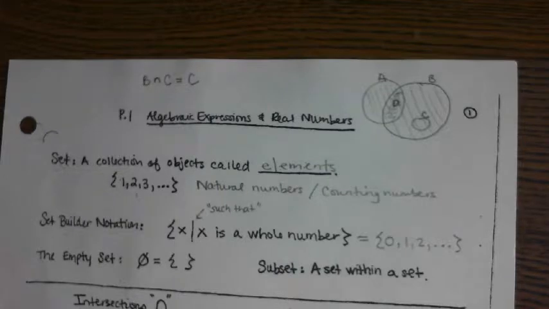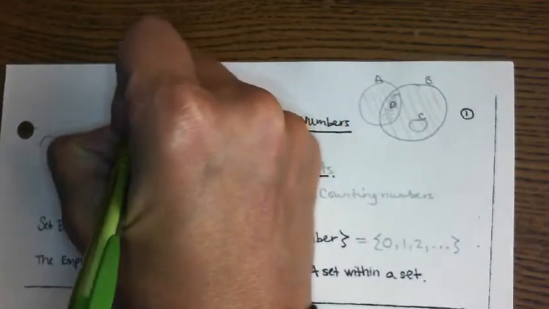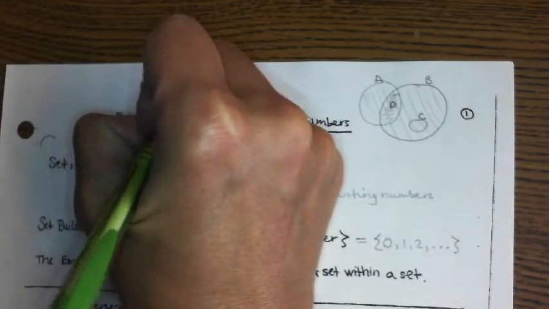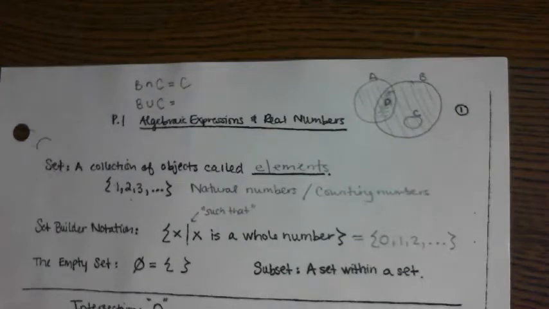It's a little bit tricky. What about if I said B union C? Raise your hand when you think you can tell me what that is. Union means we're looking for all the areas that are elements of either or.